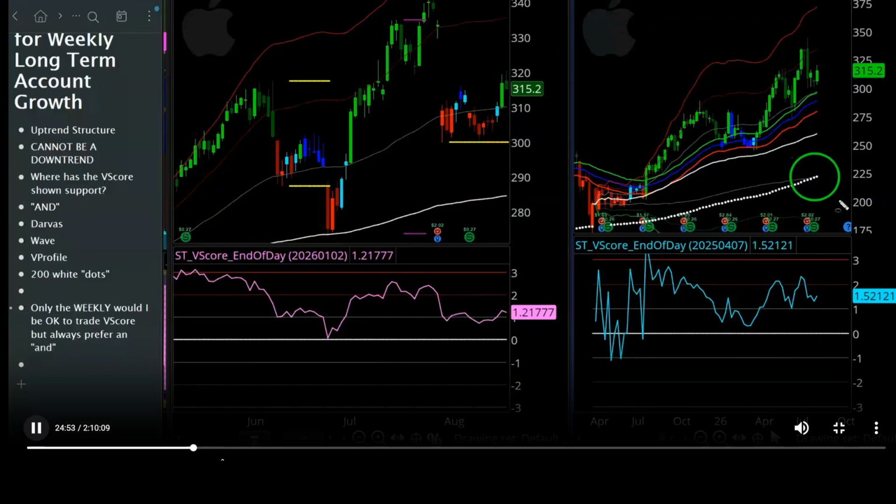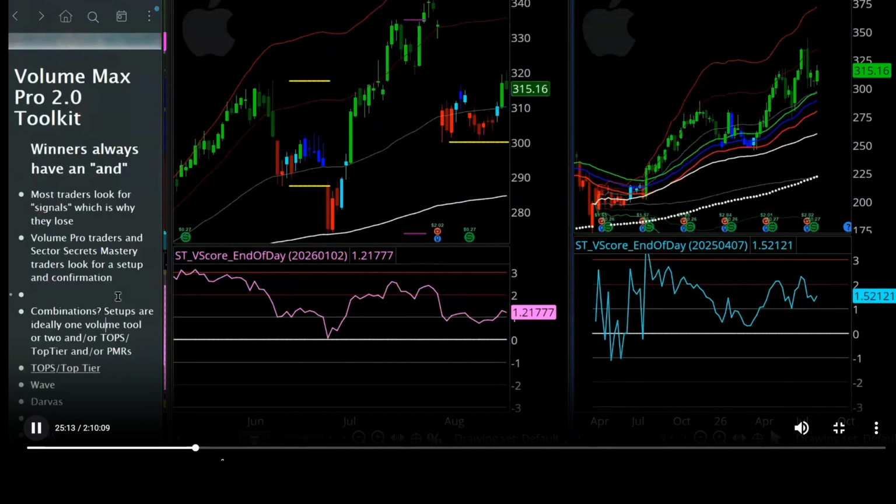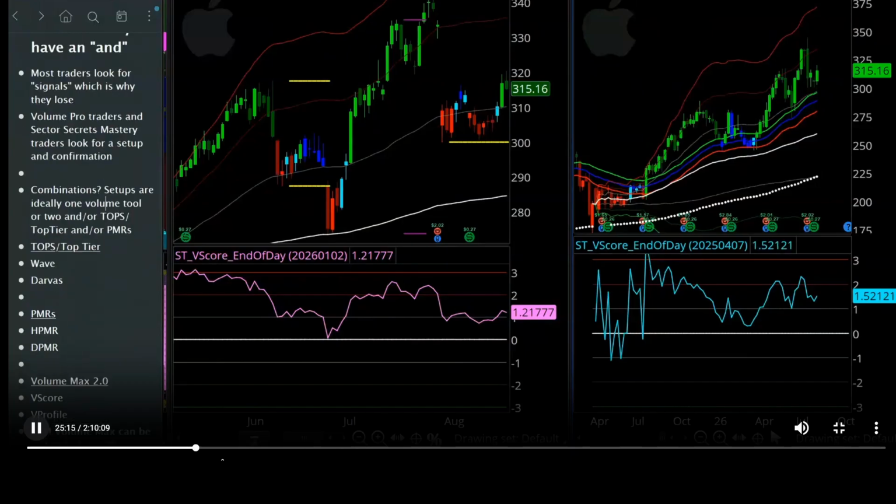It does a few other things under the hood, but just to keep it simple, if price is above these white dots, it's in bullish territory. And that's an ideal place to think long. And then if you got VScore support kicking in, all the better. Stack the tools. Don't look for a template. Stack the tools.